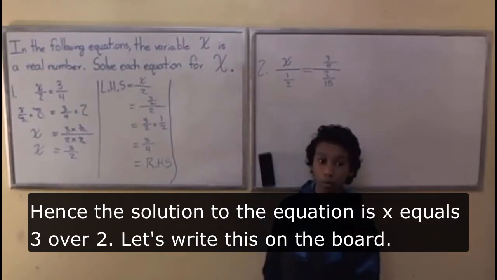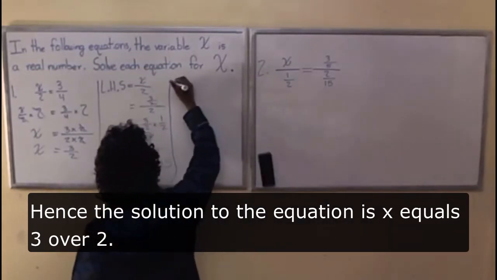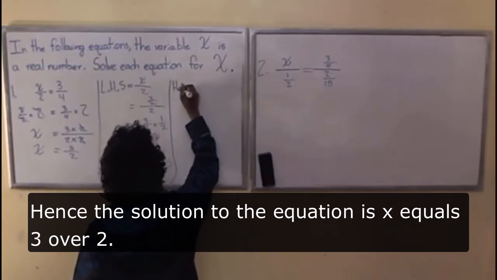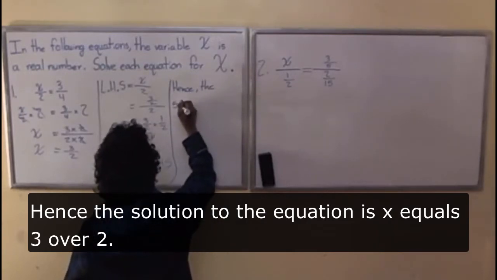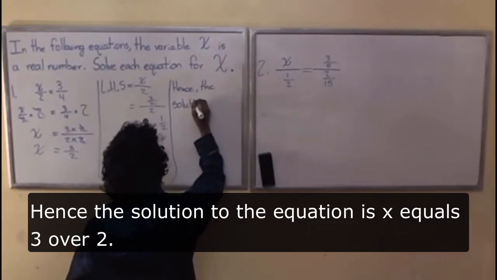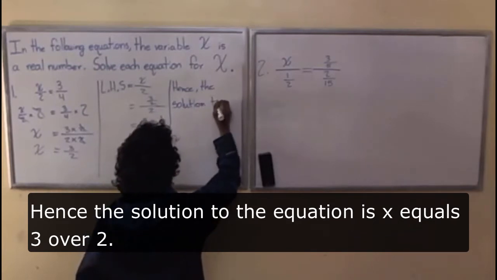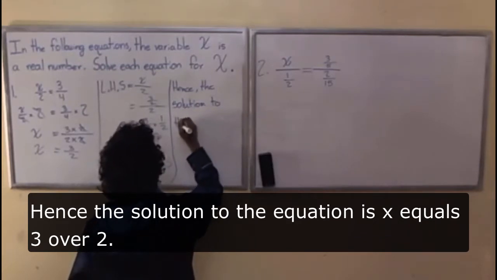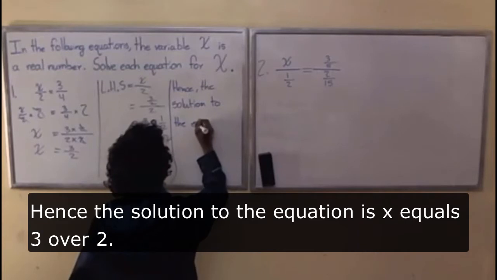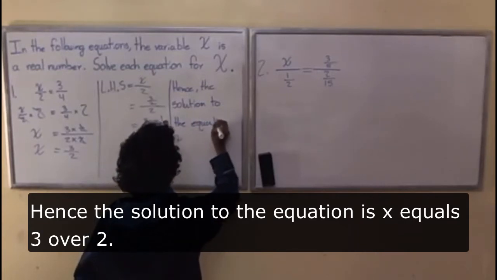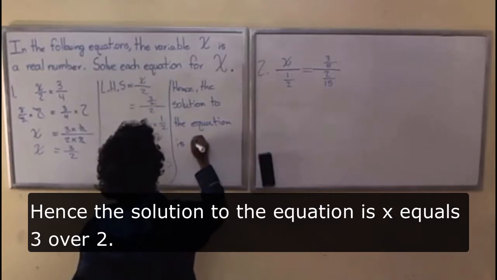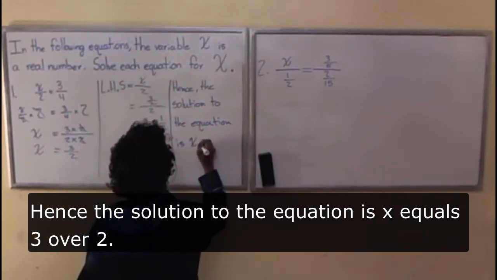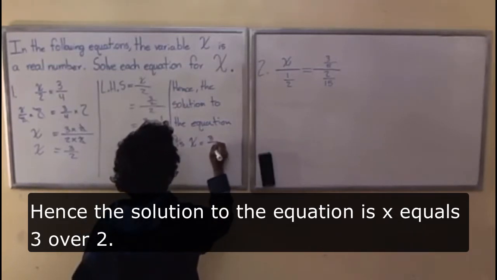Let's write this on the board. Hence, the solution to the equation is x equals 3 over 2.